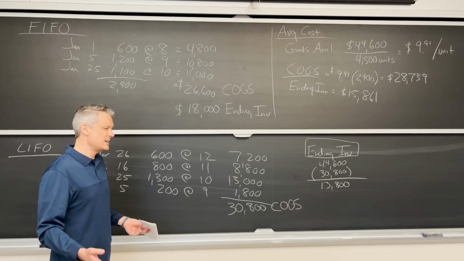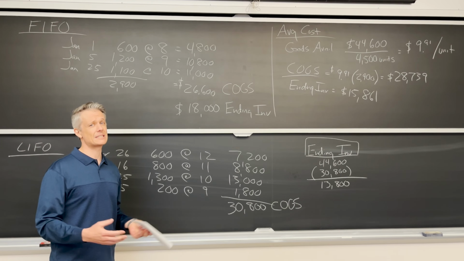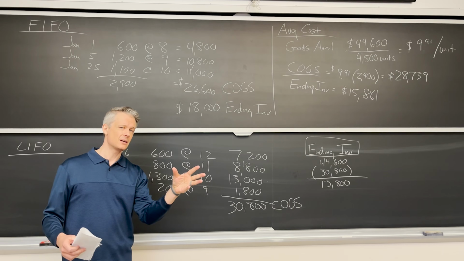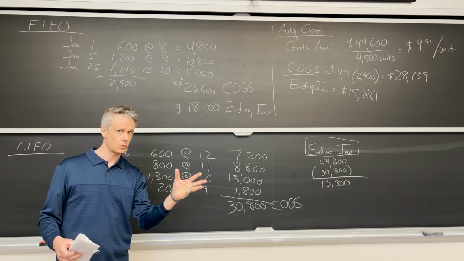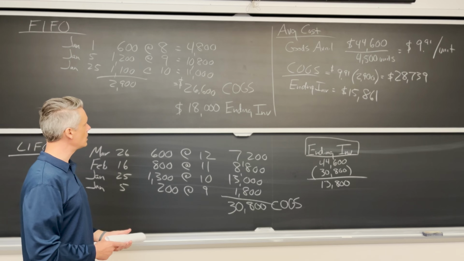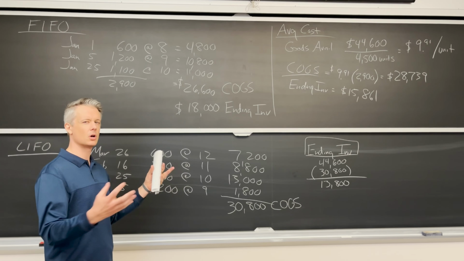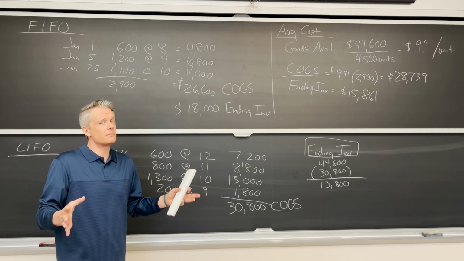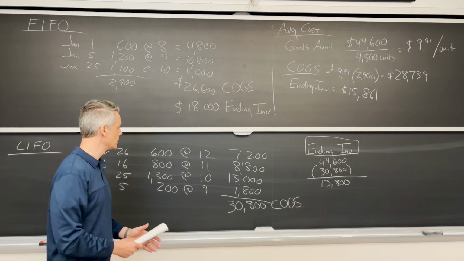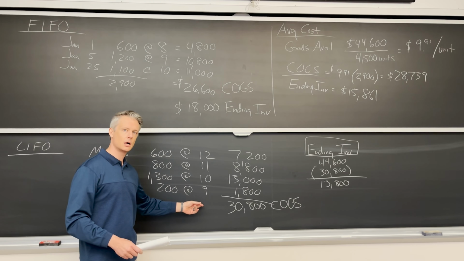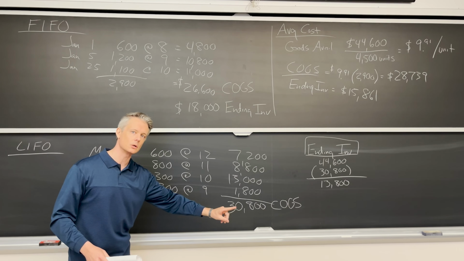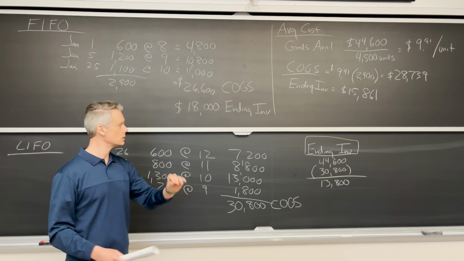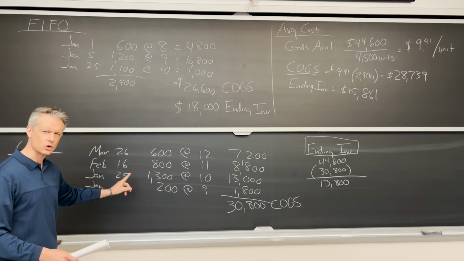Low net income seemingly isn't a great thing to aspire to, but the trade-off is income taxes are based on income, right? So here, even though we really have all the same costs, we're not changing what we paid for inventory, but because of the accounting choice we made, our cost of goods sold is higher, our net income is going to be lower, and therefore our income taxes are going to be lowest under last in, first out.